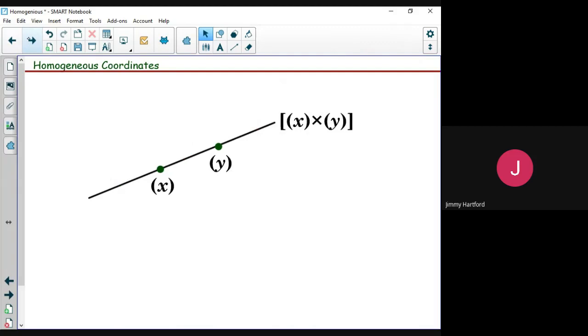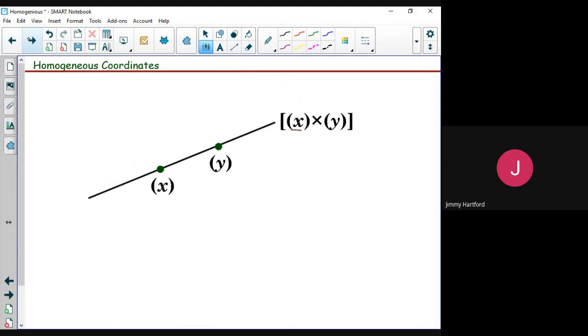If I want to find out what the join and the intersection of objects are, we're going to use the cross product. So for instance, if I want to know the triad for the line that contains X and Y, I just need to do the cross product.